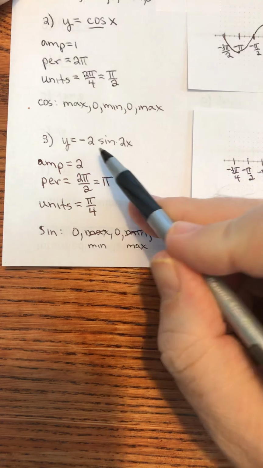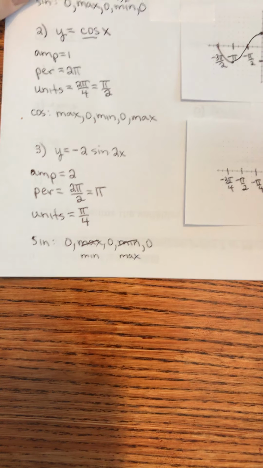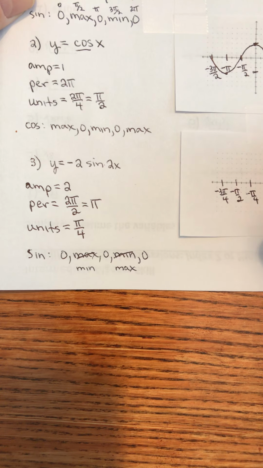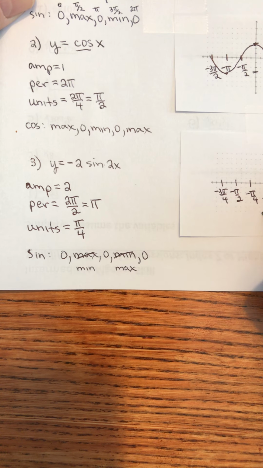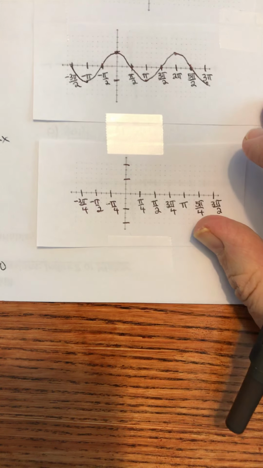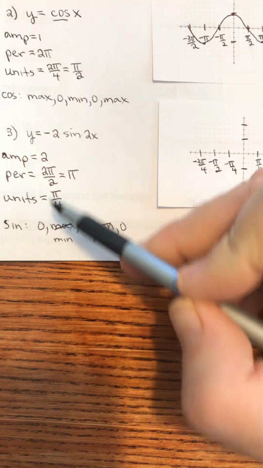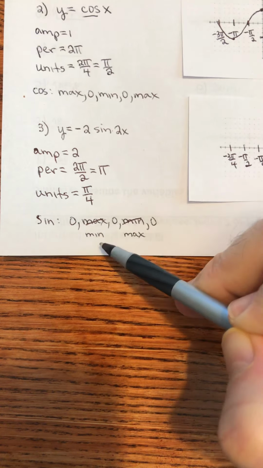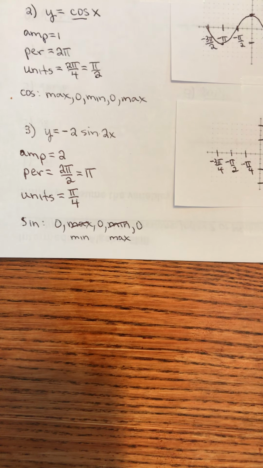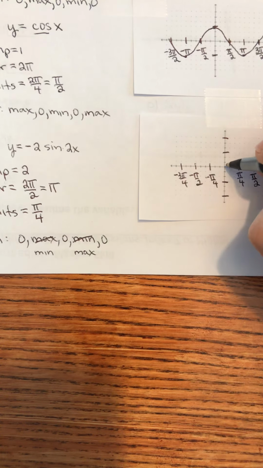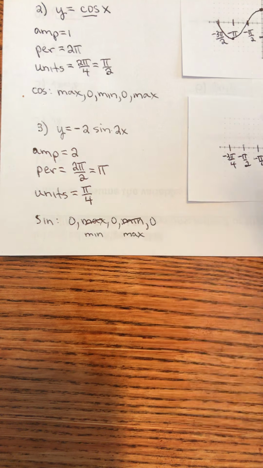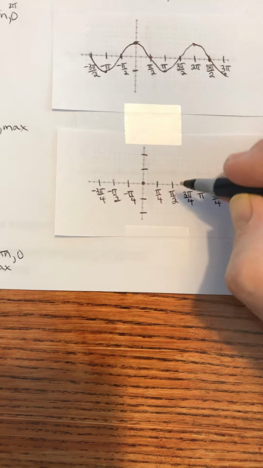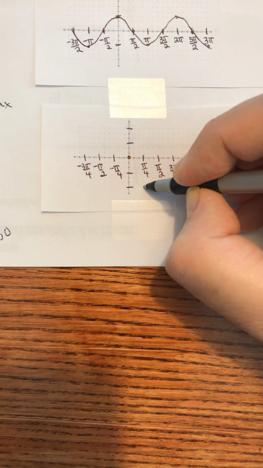All right, and I see my amplitude is 2, so I'm going to go by every 3 marks here. That's fine. You can go by 2s if you want. But now remember that negative is a reflection, so every max becomes a min, every min becomes a max. The sine always starts on the midline, but the one to the right is not at a maximum, it's at a minimum, so that one is down here.